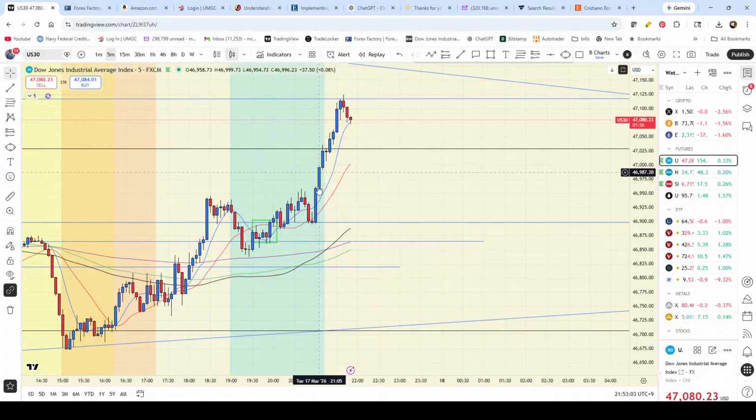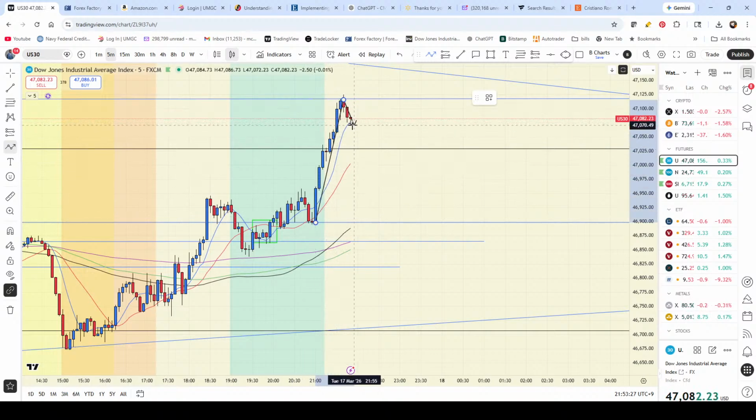We shall see. What's going to determine if I get out of this trade or not is what I would want to see on this M5 chart: the market try it again on M5 and fail, and then make something below it.